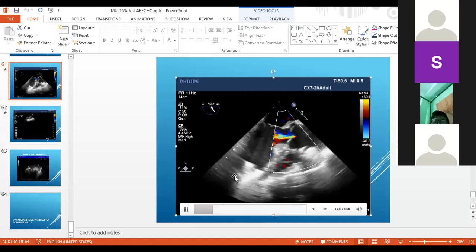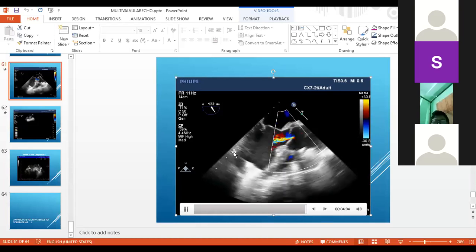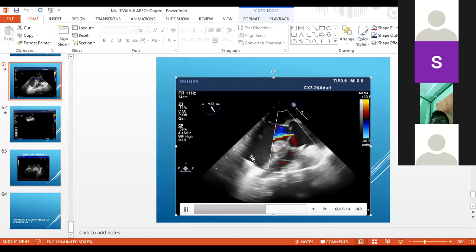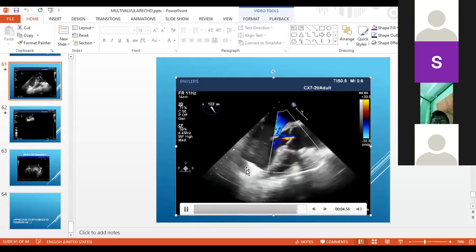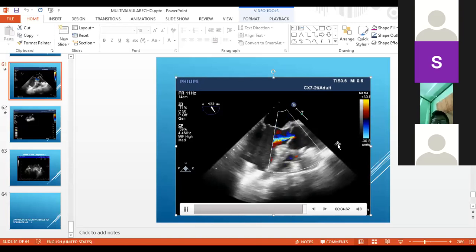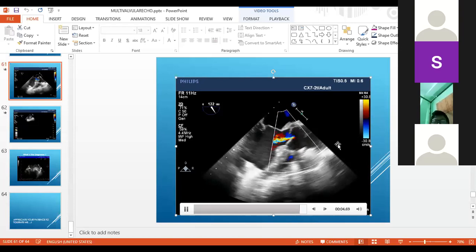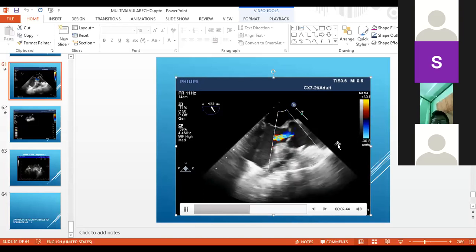LV assist devices are given for poor LVs these days, where this is an apparatus which is the outflow. This sucks the blood from the LV, and there is an inflow in the ascending aorta, which you can't see here because this is done at the ascending aorta level just below the subclavian and brachiocephalic.